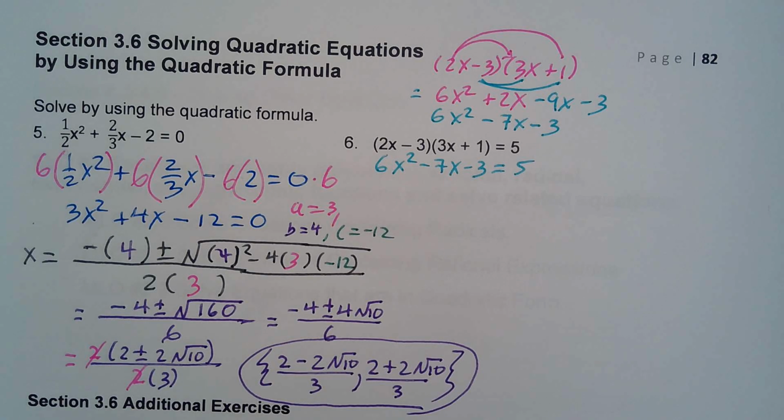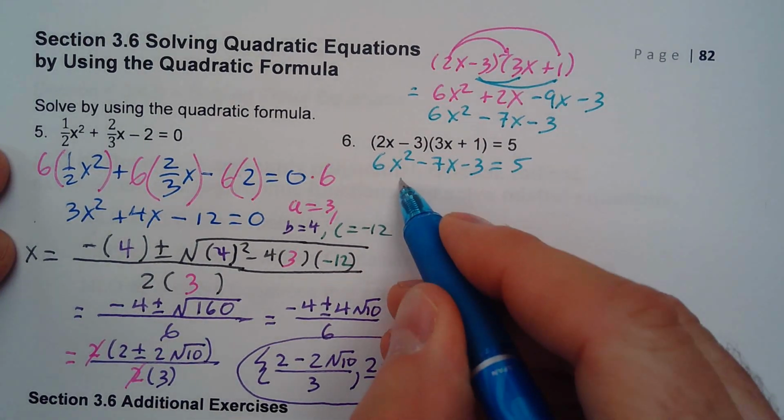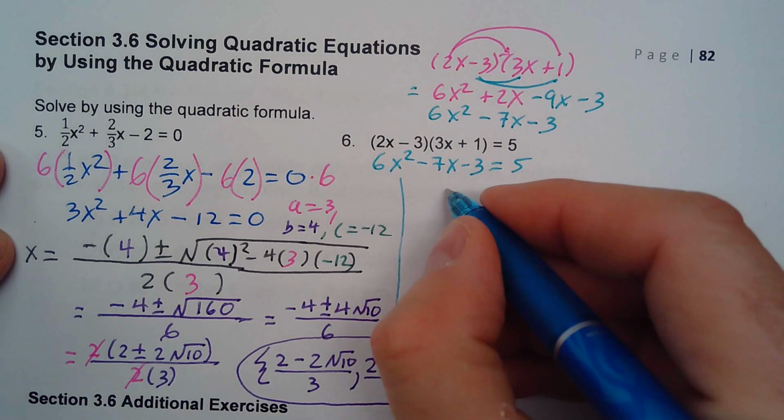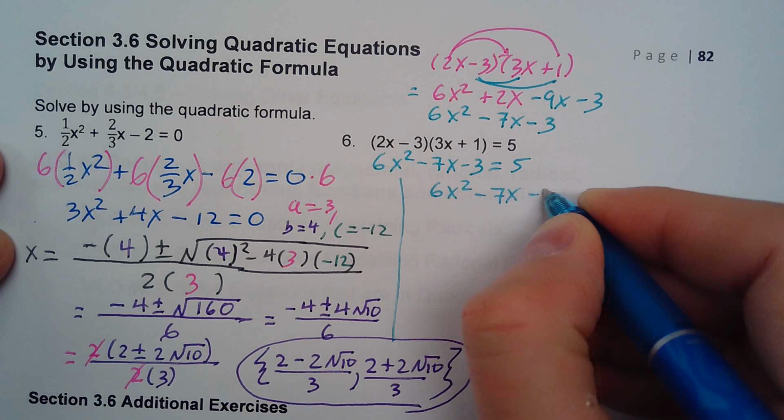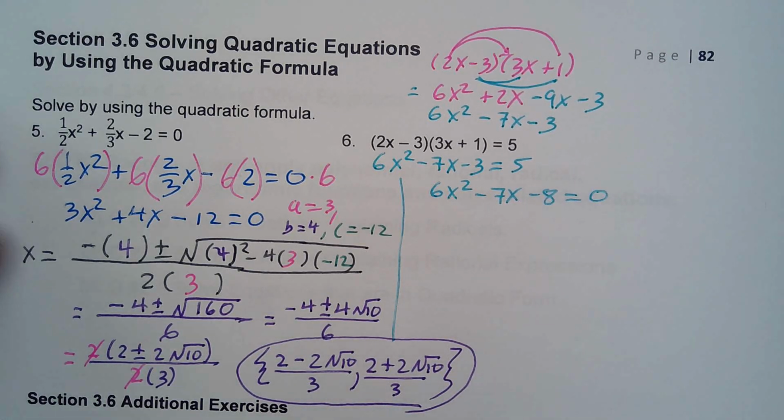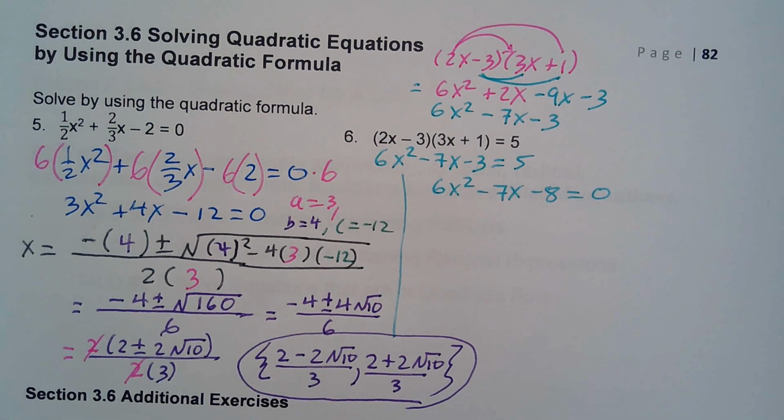Next, I need to subtract 5 from both sides. So that's going to give me 6x squared minus 7x minus 8 equals 0. All right, so now we're in business. I'm ready to use the quadratic formula.